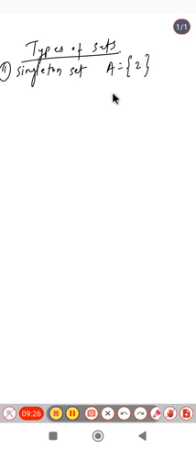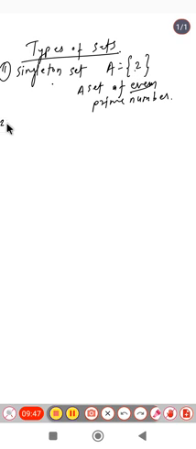For example, a set of even prime numbers. You know that the even prime number is only one number, and in such a set only one element is there, we call it a singleton set.